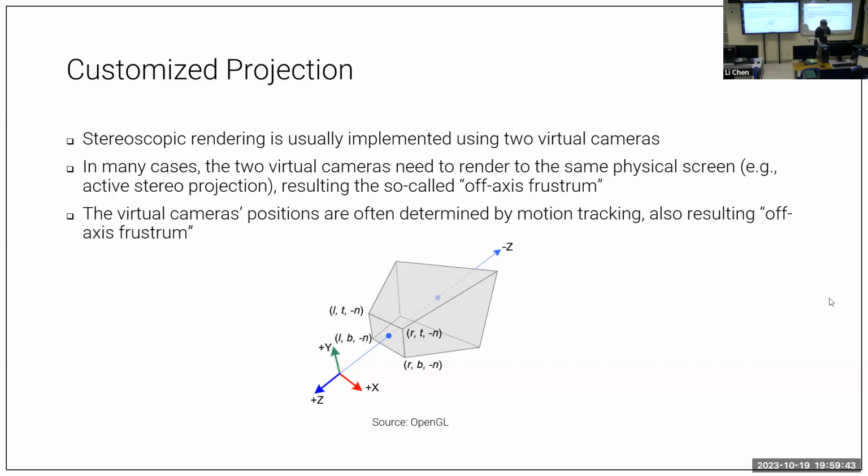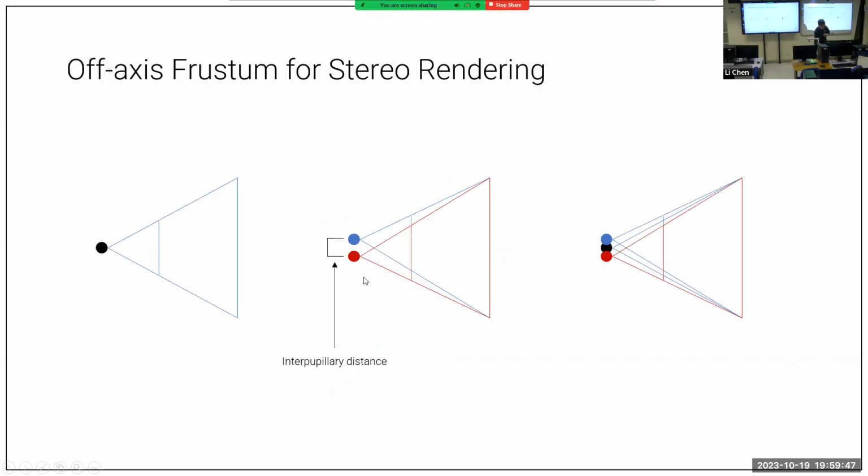However, when we do the rendering for two different cameras, the left eye camera and the right eye camera, we are no longer looking at the screen from the right center, right? So for example, in this case, the left eye and the right eye have a distance, and this distance is called the interpupillary distance, the distance between your two eyes.